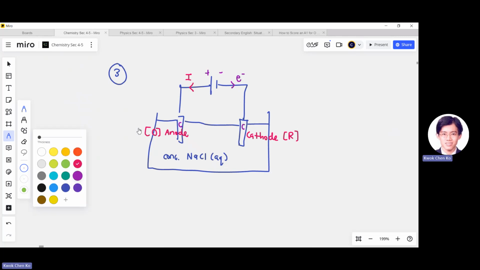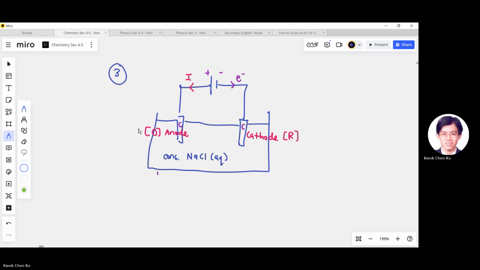What next? Ask yourself, what's inside the electrolyte? What are the cations? Sodium plus. What else? It's aqueous, isn't it? So you should have H plus. Yes, good. Same thing, write down the anions present.